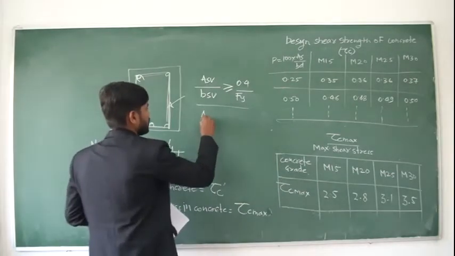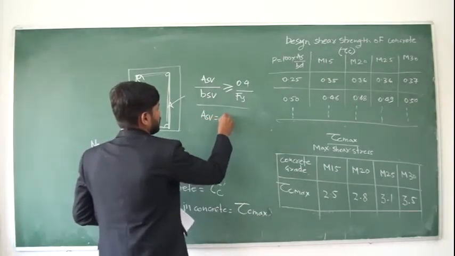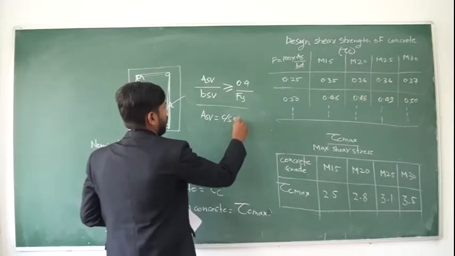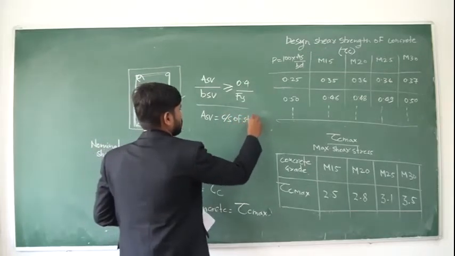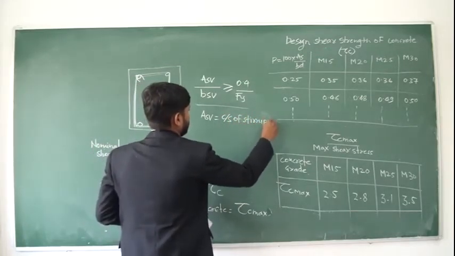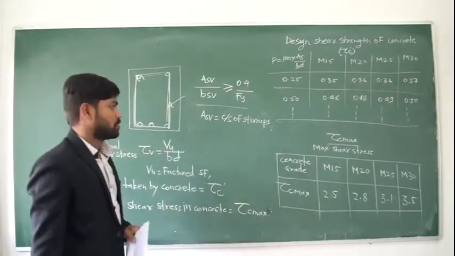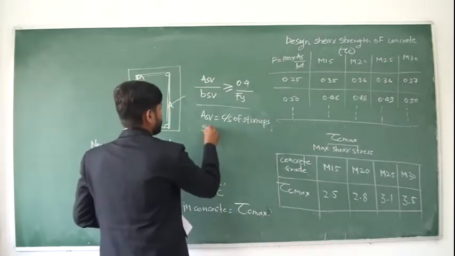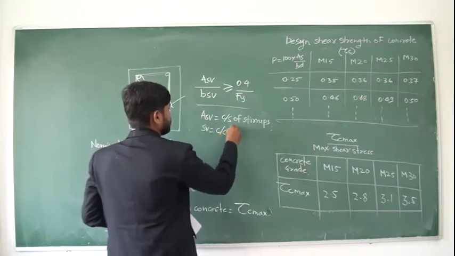What is Asv? Asv is the cross sectional area of stirrups. Then Sv is the center to center distance between two stirrups.